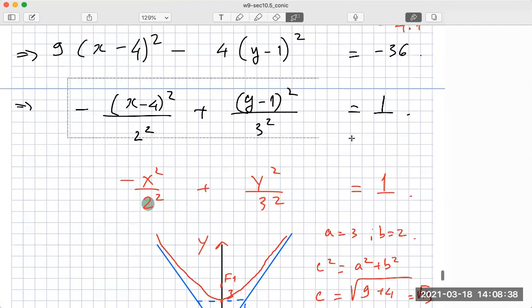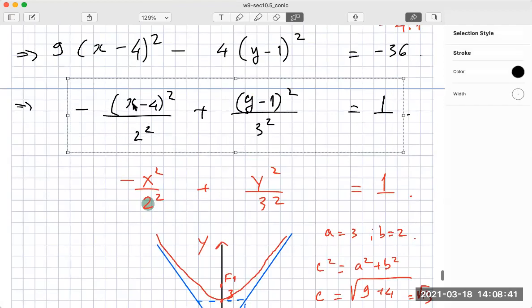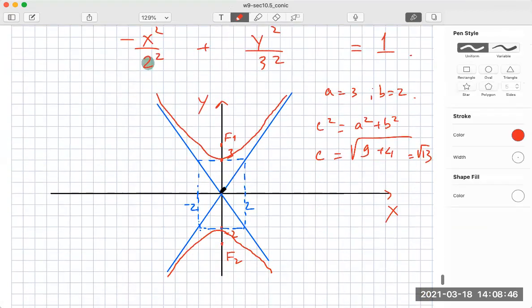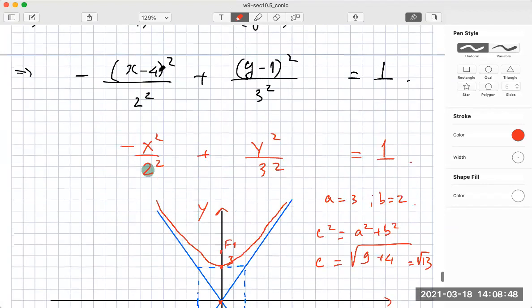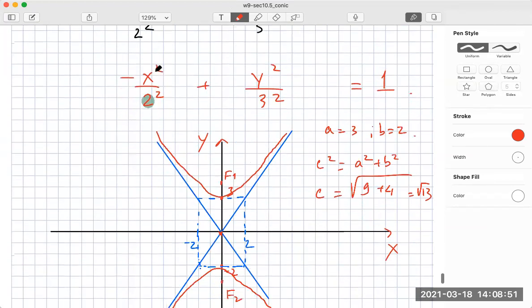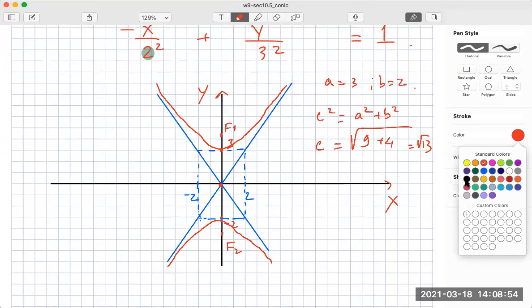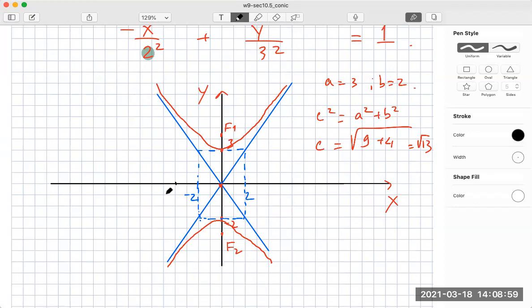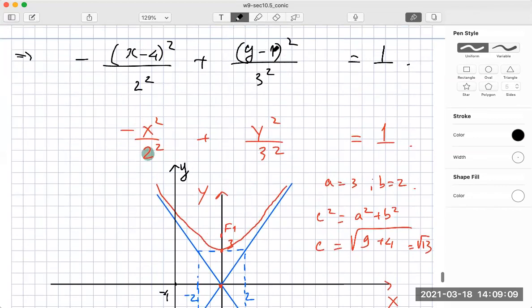The real coordinate should be this one, x minus 4. It means that the origin here will be shifted to the right of the black coordinate. It means the black coordinate should be here at -4, right? Should be this guy. This is the y coordinate. And here, the y coordinate is shifted up 1 unit.